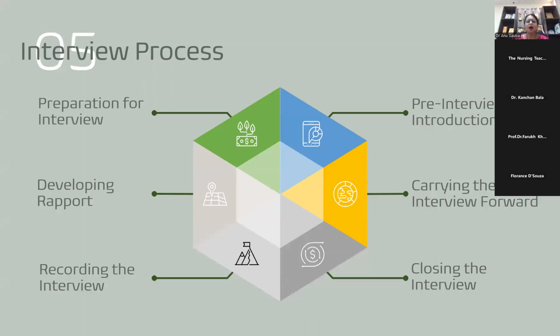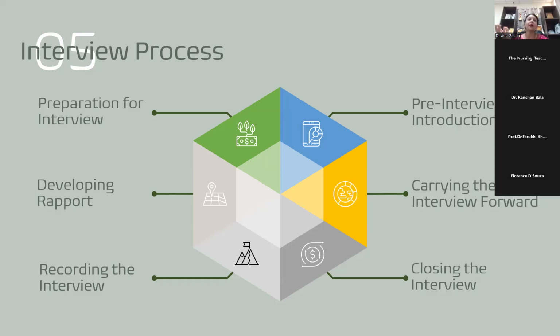Now, there are a few steps I think everybody has to follow when we are going to plan some interview sessions. The most important thing is pre-interview introduction. Pre-interview introduction means what? It means you have to frame some questions for that, right?